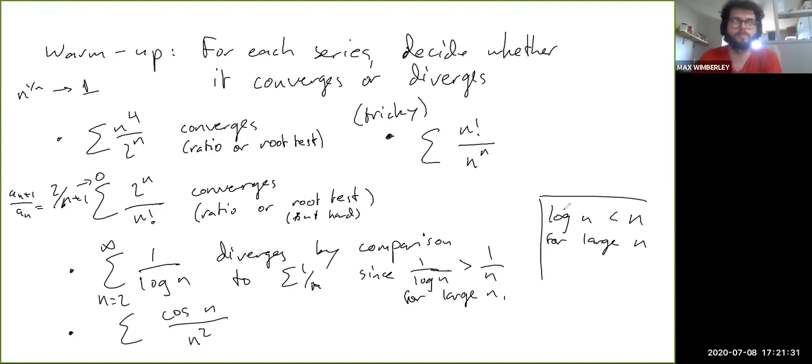But that's not the same as what I was saying before, which is that you should just think of log as being a very slowly changing function. Not so much that it grows slowly, but specifically that its value changes slowly. That's kind of what I was trying to get at. I don't know, it doesn't matter. But it is ultimately true that it's less than n, and that means that you can compare it to the harmonic series, and then that shows it diverges.